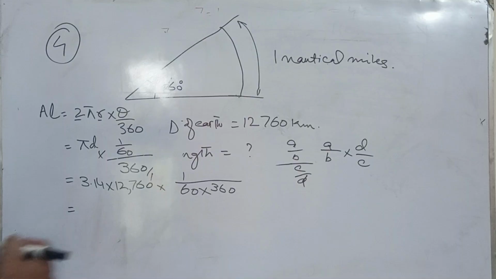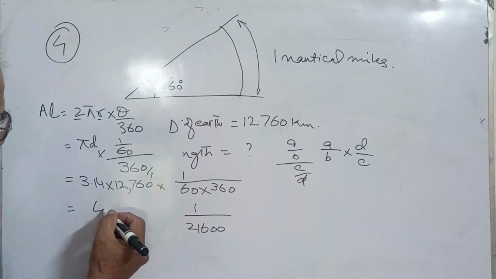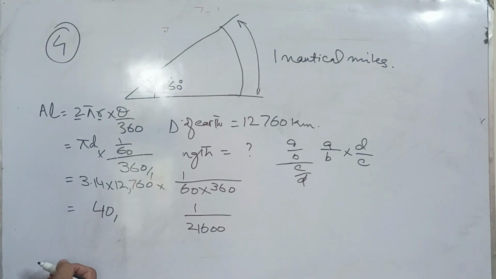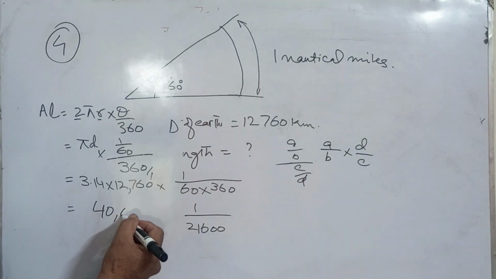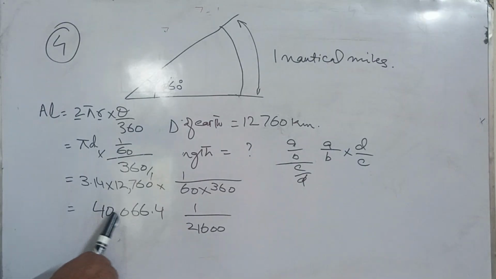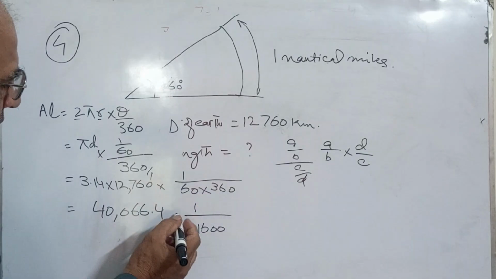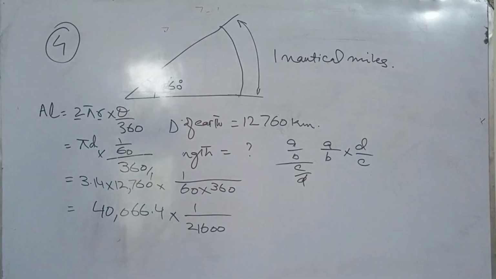So when we calculate it, it will become 40,066.4 divided by 21600.